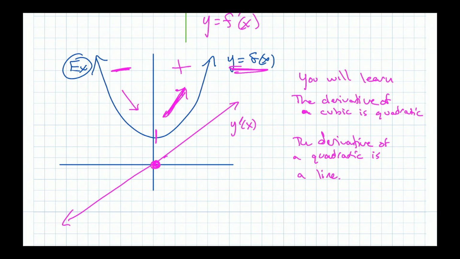And so I know its derivative is first degree, and that's why I drew it as a straight line, even though I don't really have a reason to draw it as a straight line. All I have a reason to do is say 0 right here, and then positive over there and negative over there. But I don't know really about plus and minuses. I mean about the shape. I know plus and minuses.